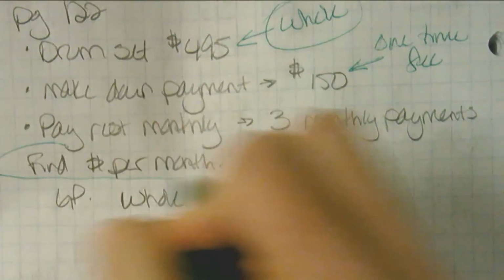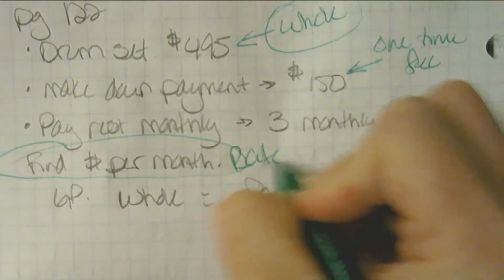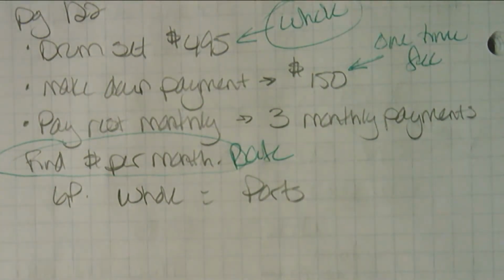So what we are looking to find is our rate. So while they didn't give us a rate, we do have a rate we need to consider, right? Since we do have a rate to consider, we have a one-time cost. This is a two-step equation, okay? So let's go ahead and put this together.